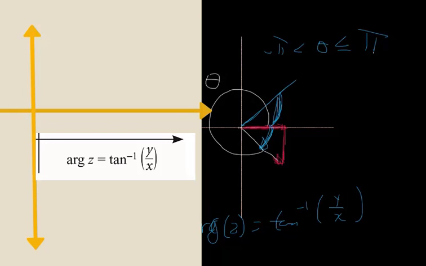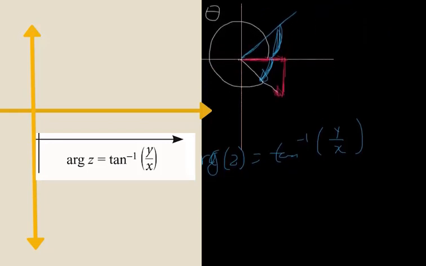The point is, since it goes in the clockwise direction, our argument will be negative, because y is negative and x is positive.